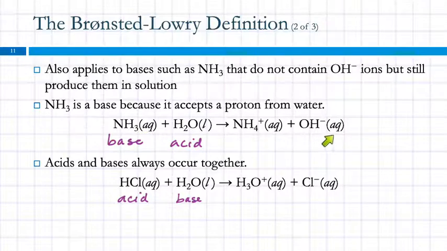And in doing that, it does produce hydroxide ions in solution. But that's not really obvious, because you look at NH3 and how can that form OH minus ions. I mean, sodium hydroxide, that makes sense. It just separates.